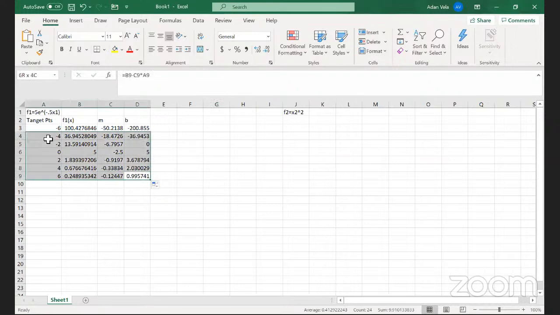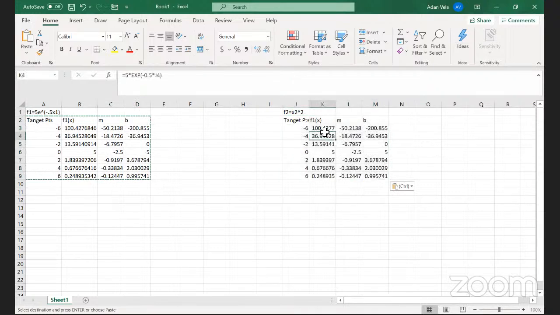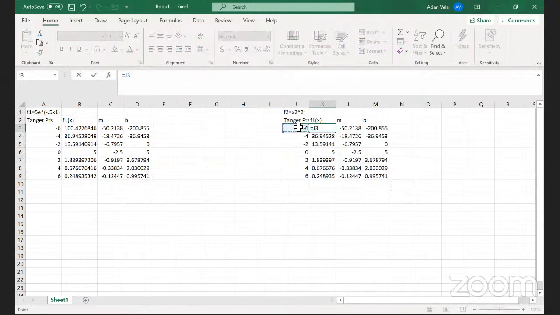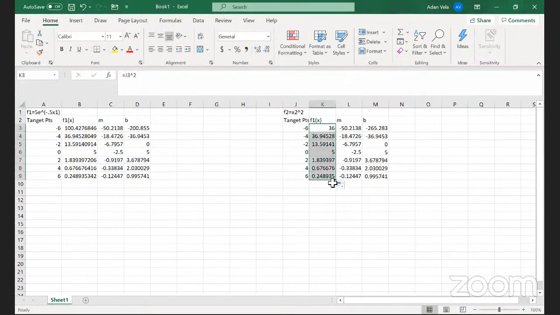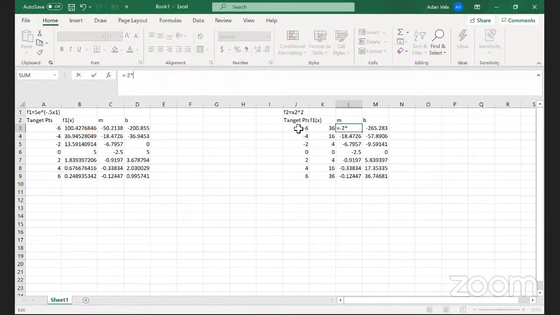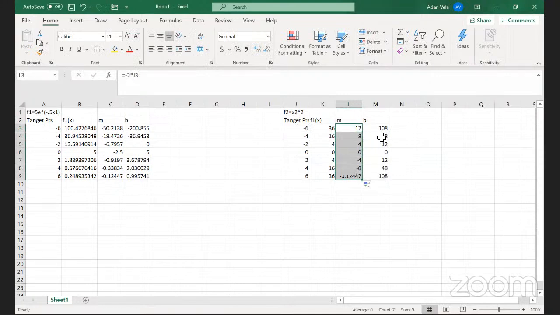We can repeat this process for our second separable function. So I'm just going to copy it over, but we're going to have to update all of our equations. Here, the first one is we're going to take the square. So we're going to map that out. Next, we're going to take the derivative, which is just 2 times 2x. Map that down.